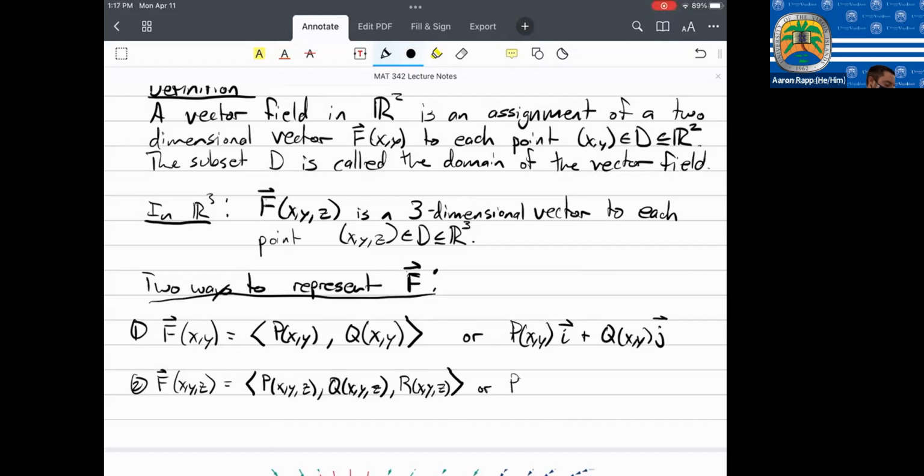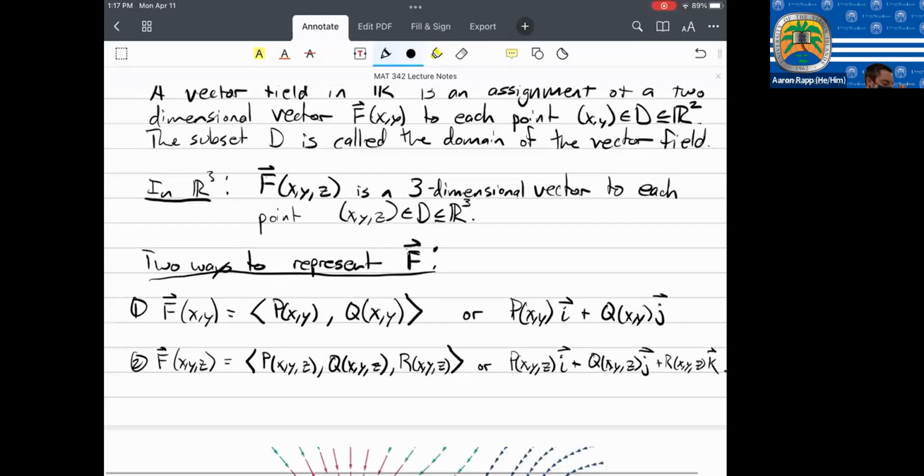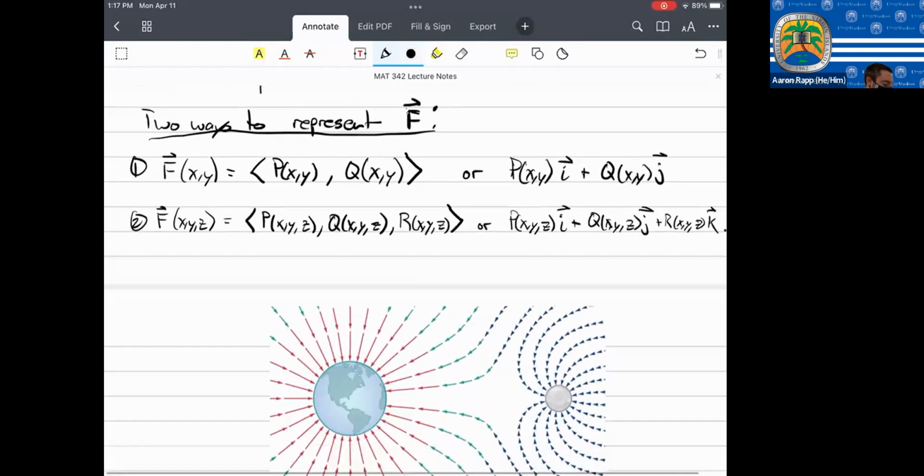Or the same little unit vector notation, plus R of X, Y, Z times a unit vector K.